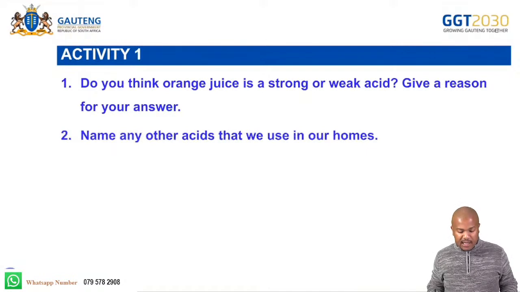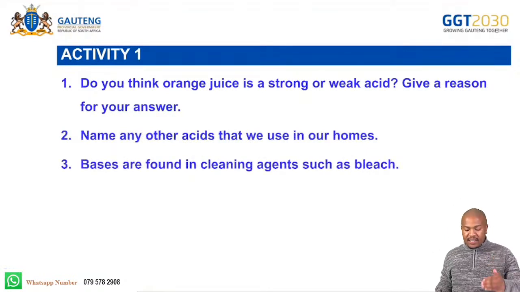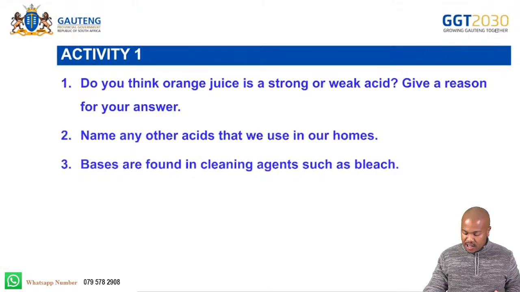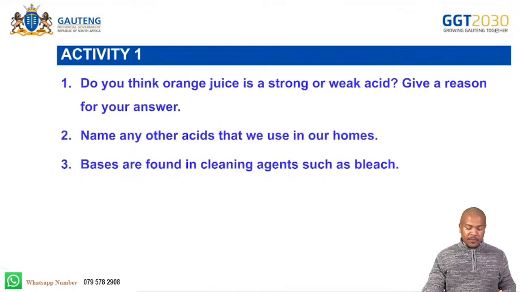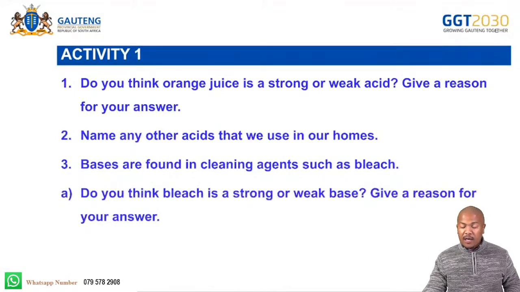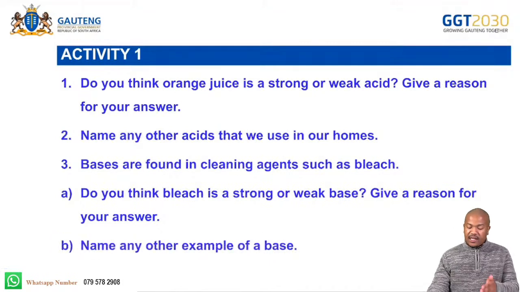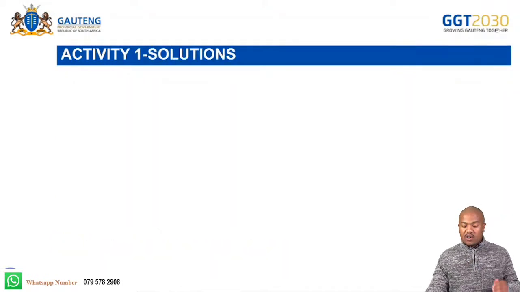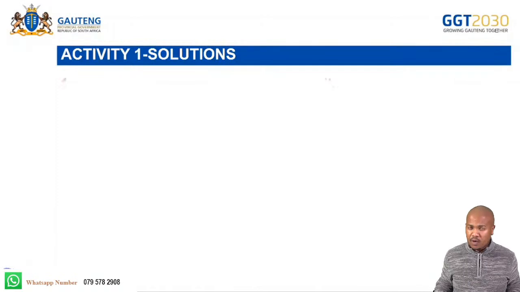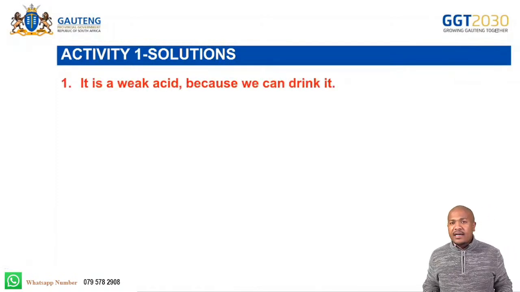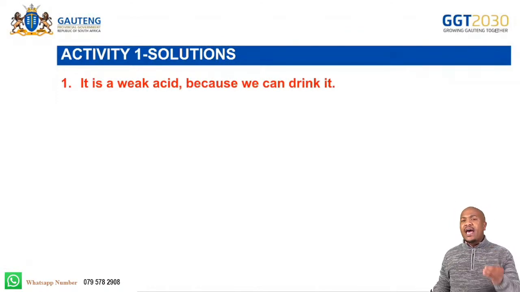Then number three, bases are found in cleaning agents such as bleach. 3A, do you think bleach is a strong or a weak base? Give a reason for your answer. Then B, name any other examples of a base. Let's hop on quickly to our corrections. Number one, it is a weak acid.